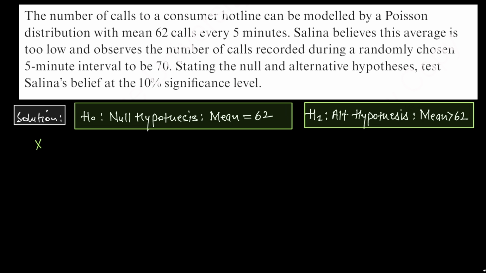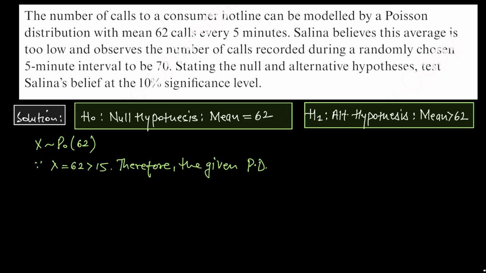First of all, we will write down that X follows Poisson distribution as expressed in the question with mean 62, and since lambda is equal to 62, which is greater than 15, I will write therefore the given Poisson distribution can be approximated by normal distribution.